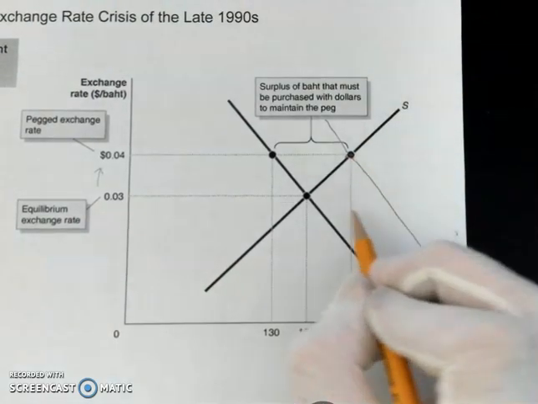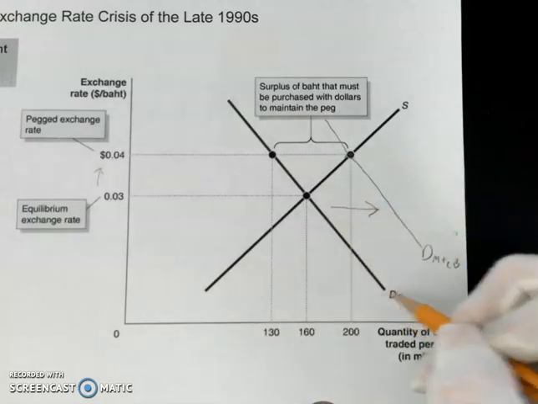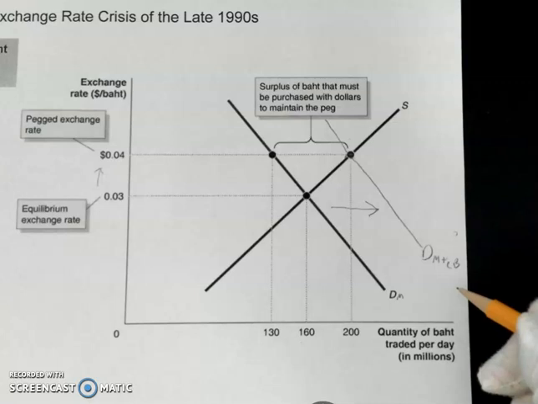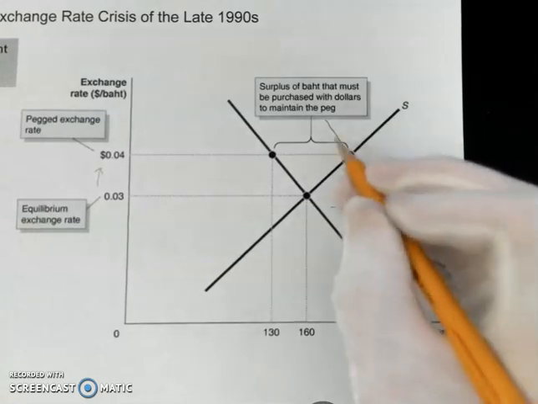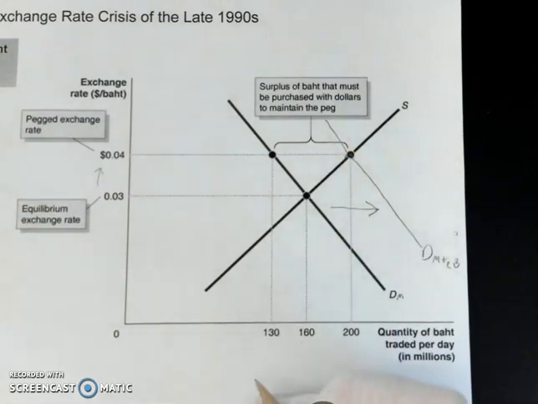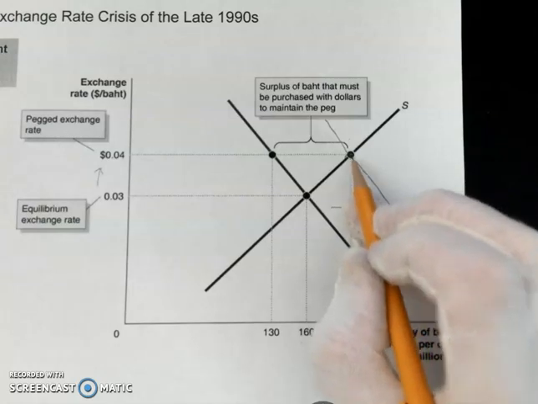In order to achieve this, that is, in order to increase demand for Thai baht, they have to use their stockpile of US dollars. You can't buy baht without the other currency. The other currency is dollars here. So they got to go to their stockpile of dollars and buy up baht.